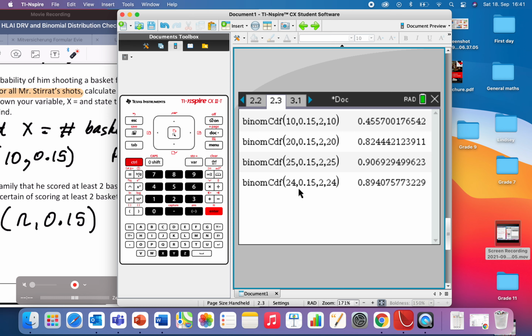And we've got it, look, as we move from 24 attempts to 25 attempts, there we hit the magic 90%. So we have our answer now. We need the number of shots to be greater than or equal to 25. So if we take 25 or more shots, we've got a 90% or more chance of getting at least 2 baskets. Okay.